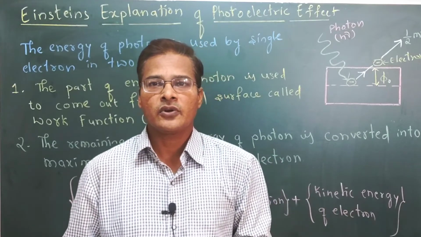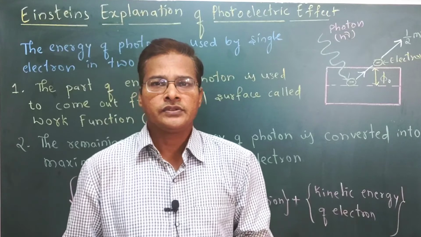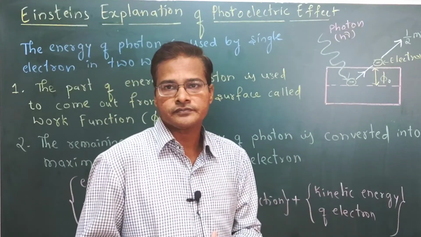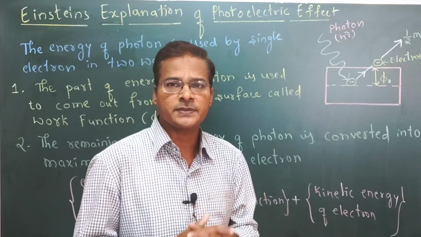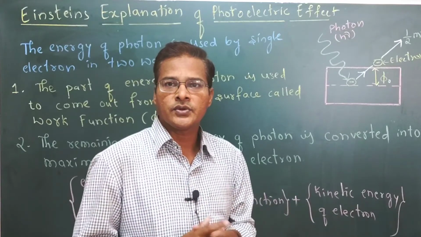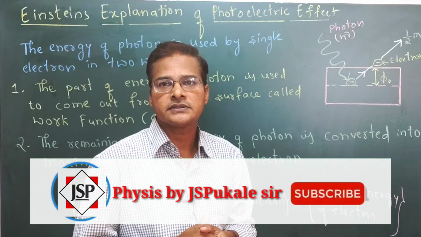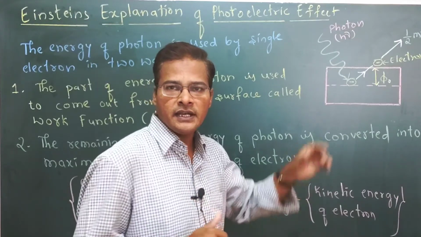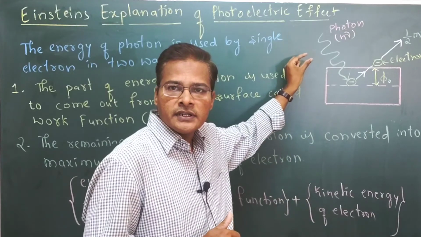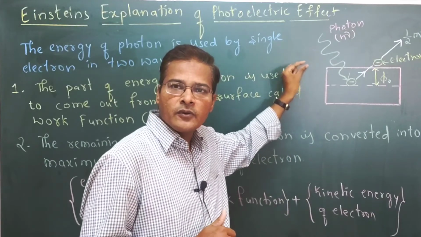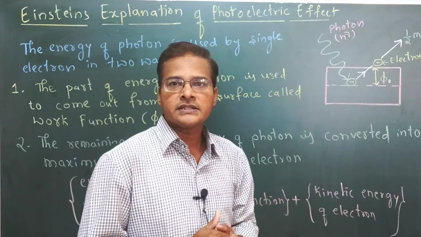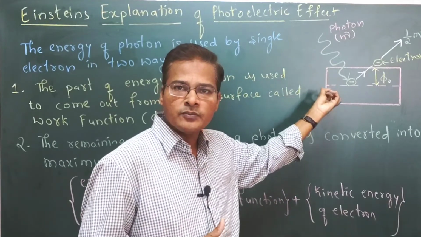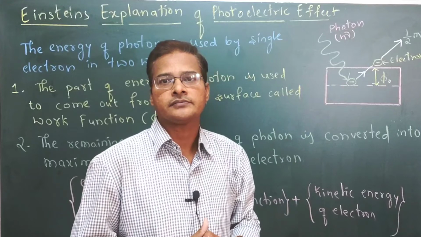When these tiny packets of energy fall down, a collision takes place. Colliding means two particles bombard one another. Here the photon collides with the electron, so that energy is absorbed by that electron.